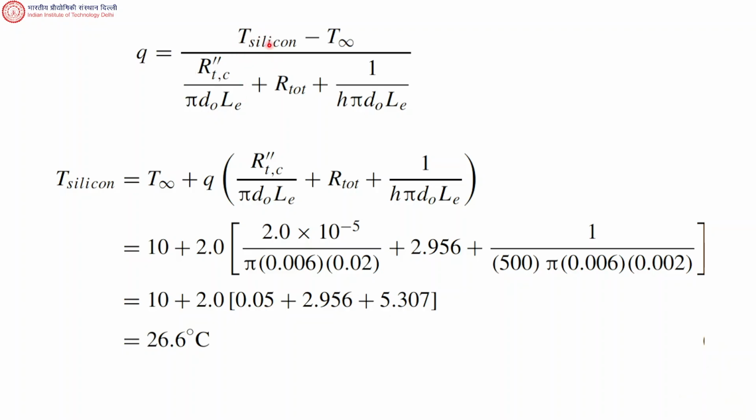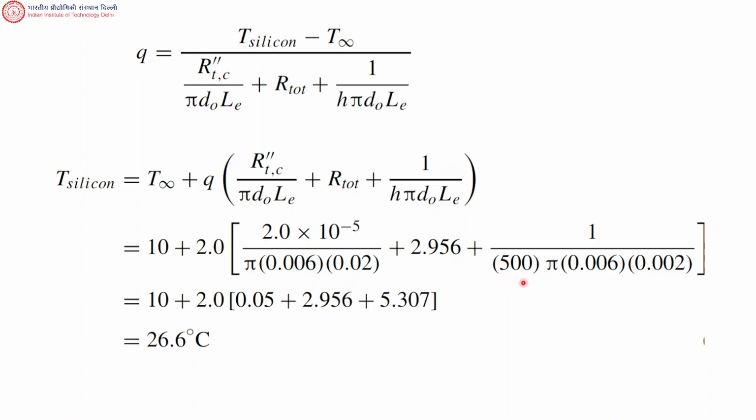So there is a silicon temperature which we want to estimate, minus T infinity, the ambient temperature. And we have these 3 resistances in the denominator. So we have the heat pipe thermal resistance, our total, but it has also got this quantity. What's this? This must be a convection thermal resistance, and that comes from a heat transfer coefficient which is given.